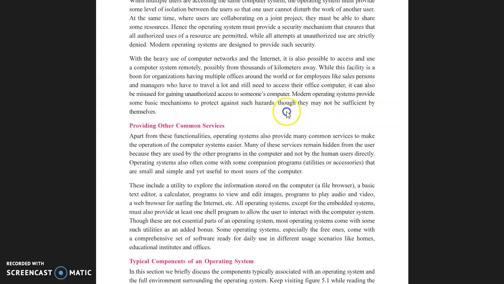Modern operating systems provide some basic mechanisms to protect against such hazards, though they may not be sufficient by themselves. So today we will conclude our session here.